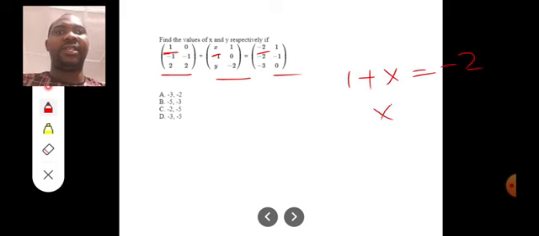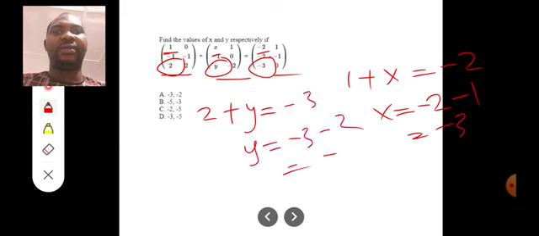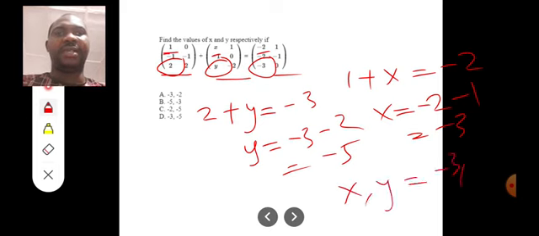So x will be minus 2 minus 1, that means minus 3. The same with y. The corresponding elements are 2, y and minus 3. That means 2 plus y equals minus 3, so y will be minus 3 minus 2. That will give us minus 5. So my x and y are minus 3 and minus 5. So the answer is D.